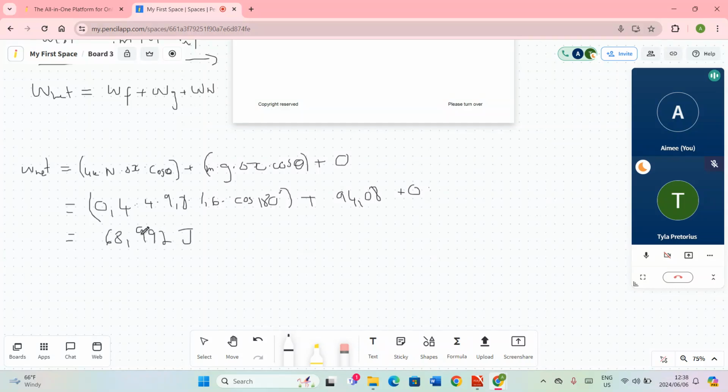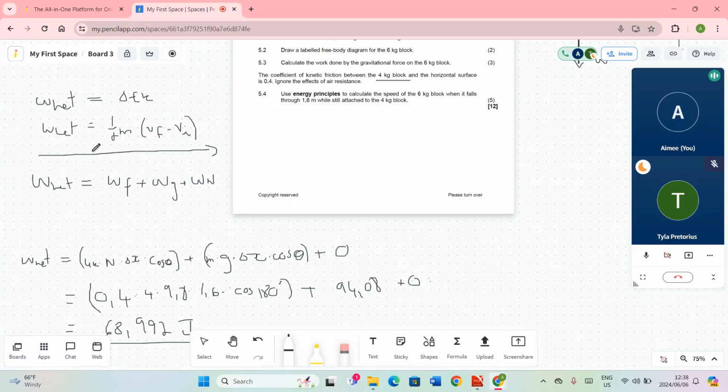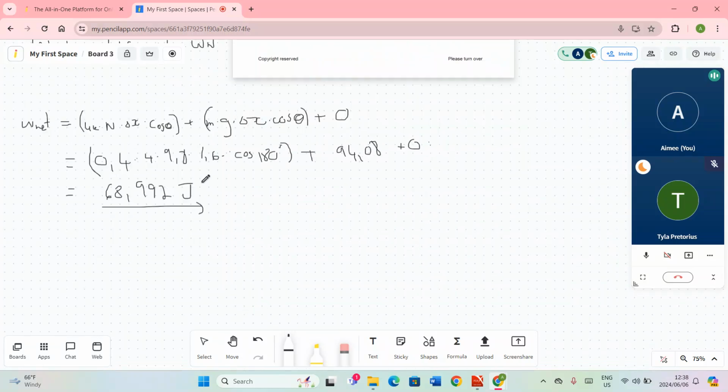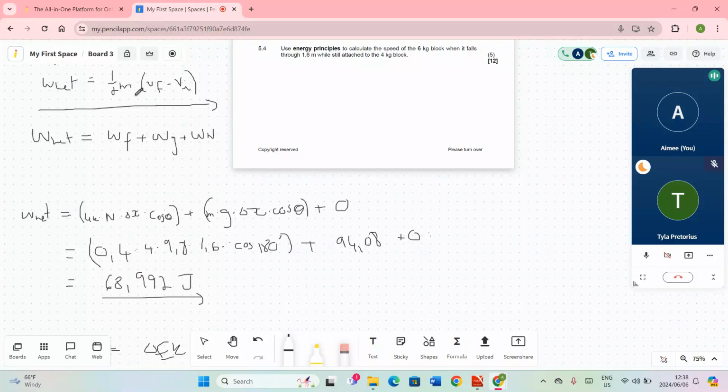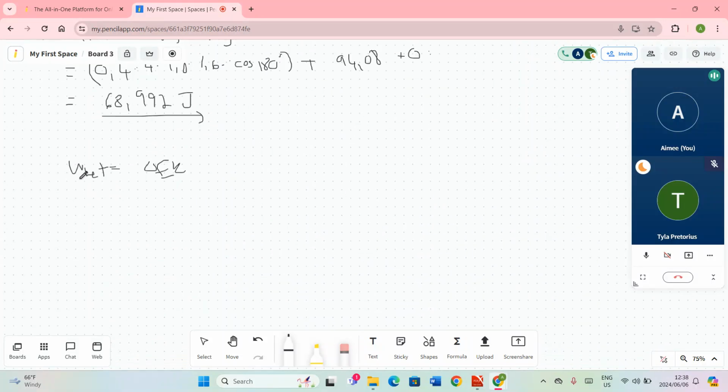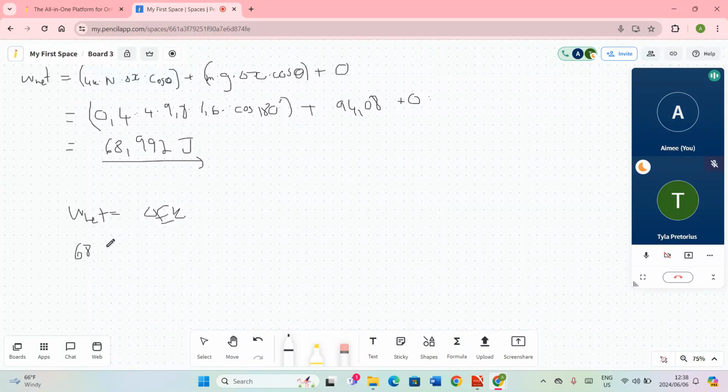Okay, and now we can substitute this into the first half of our equation, because what are we looking for? We're looking for the speed at which the 6 kilogram block was falling. So we say, okay, well, work net is equal to change in EK, as we've already established at the top here. So we say 68.992, sorry, is equal to half m(vf minus vi).